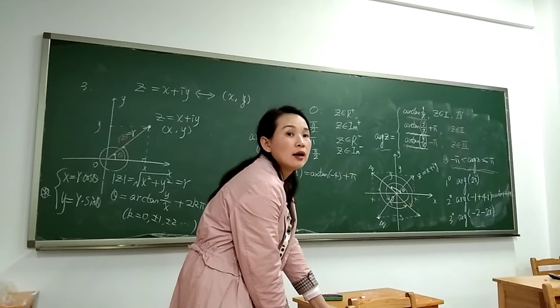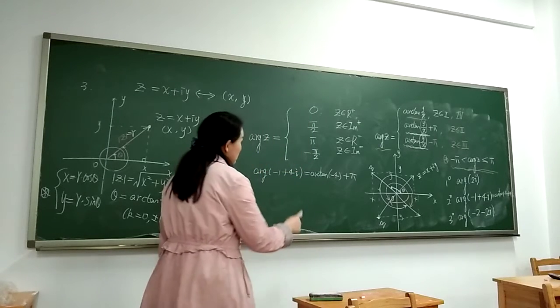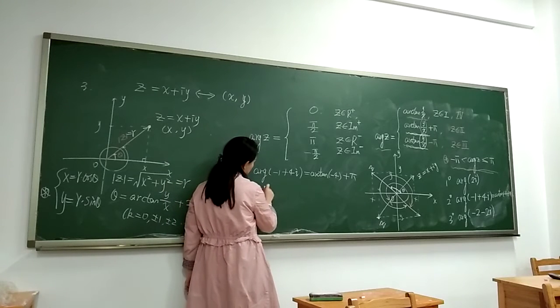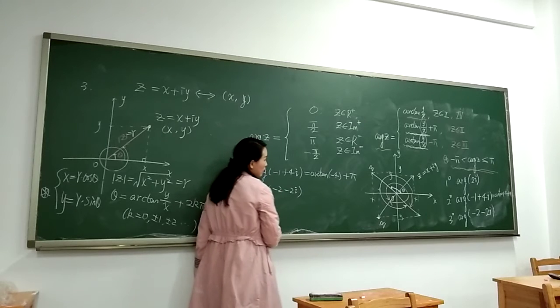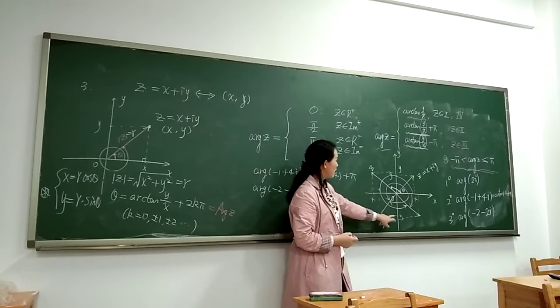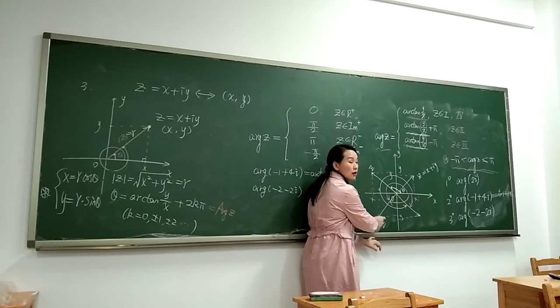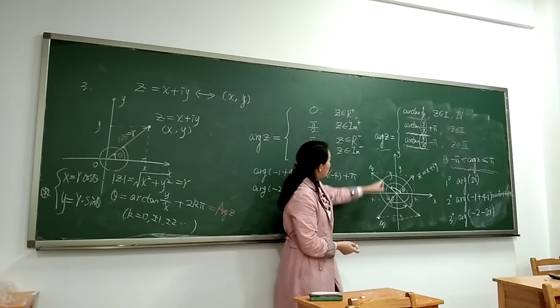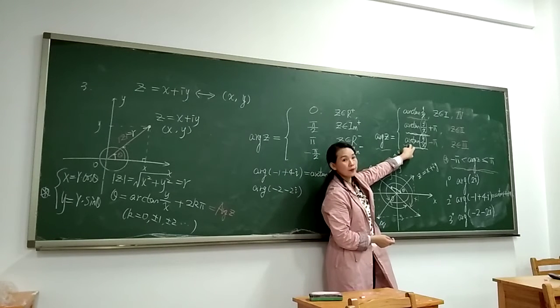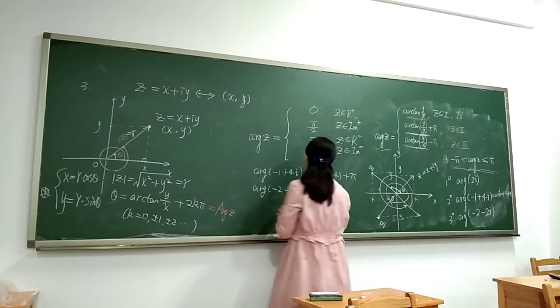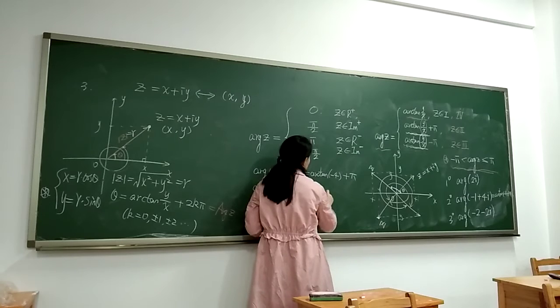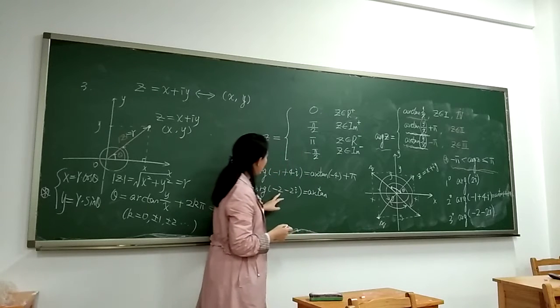Understand that? Okay. The third one. Negative 2, negative 2 is here. If z is here, we can use this formula. So you can write arc tangent of y over x.